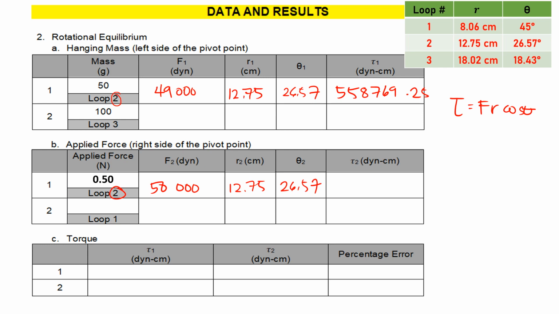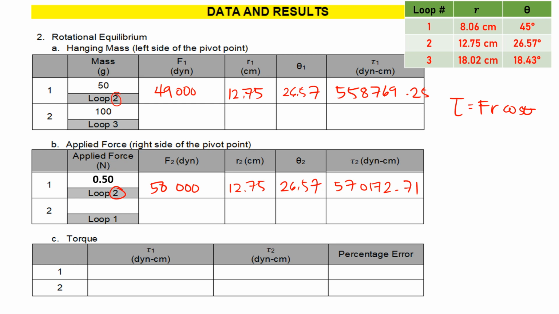Let's compute for the torque: 50,000 multiplied by 12.75 and then multiplied by cosine 26.57. The answer here is 570,172.71. So this is the torque on the right side.